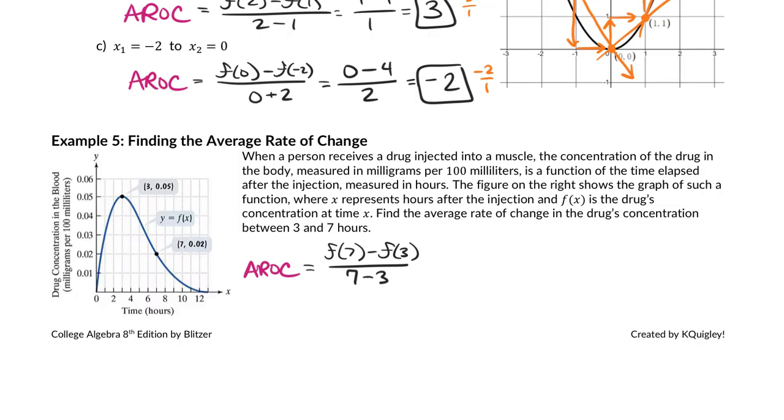Now we have to look at the graph to find these outputs. What is the output when the input is 7? 0.02. And what is the output when the input is 3? 0.05. And then 7 minus 3, that's 4. Good thing we have a calculator. Can you calculate 0.02 minus 0.05 divided by 4?